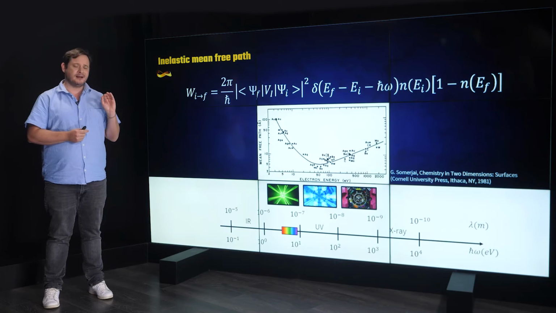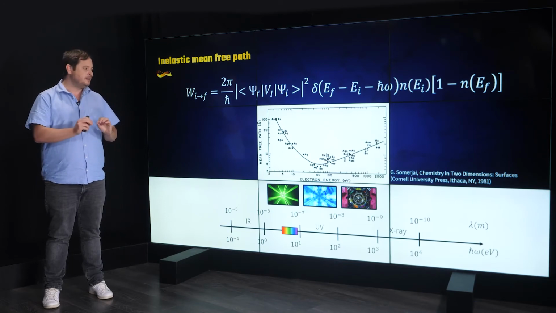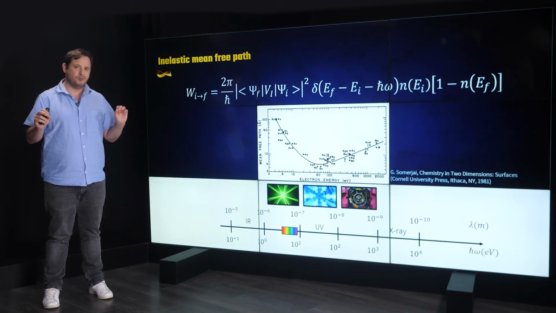This means that ARPES is indeed a very surface sensitive probe.